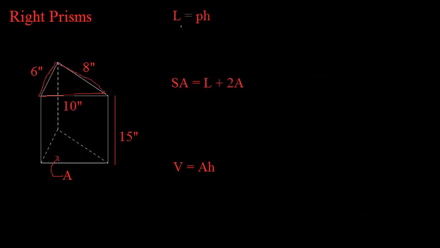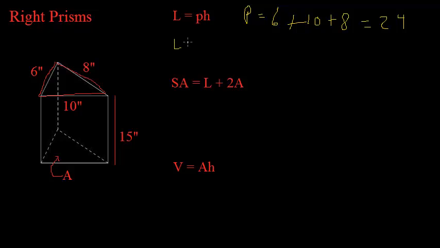So here, to calculate the lateral surface area of this right triangular prism, I need to first find the perimeter. The perimeter is the distance around the base, so 6 plus 10 plus 8. If I add that all up, I get 24 inches.